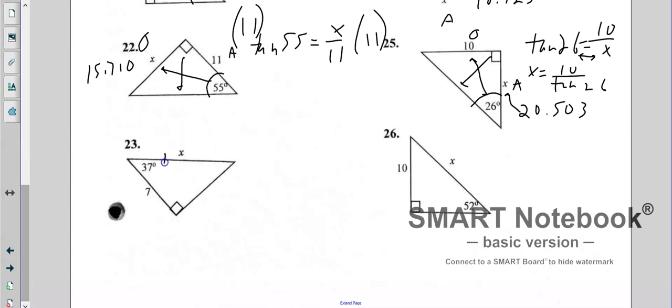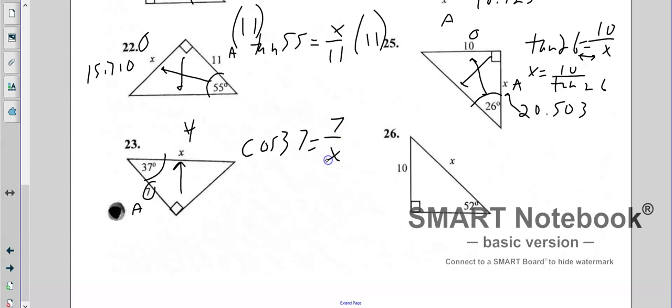All right, here's our angle. Hypotenuse. This one is right next door, so that's adjacent. That's cosine. Cosine of 37 is adjacent over hypotenuse. Again, x is in the bottom, so we switch. X equals 7 divided by cosine of 37.